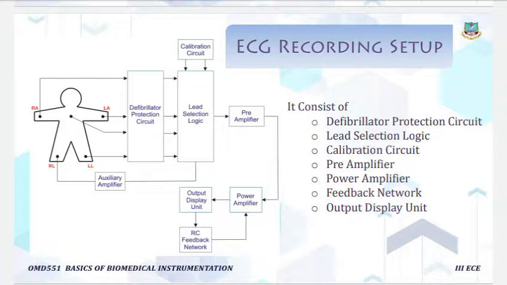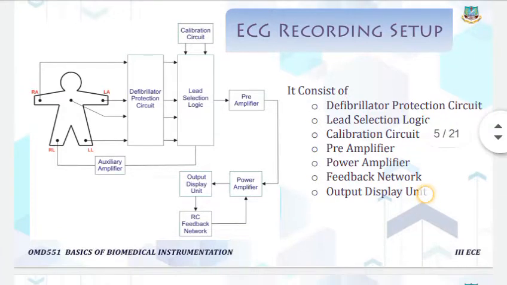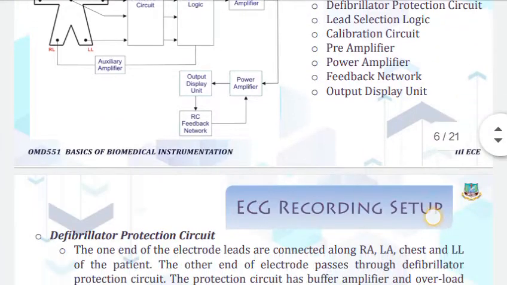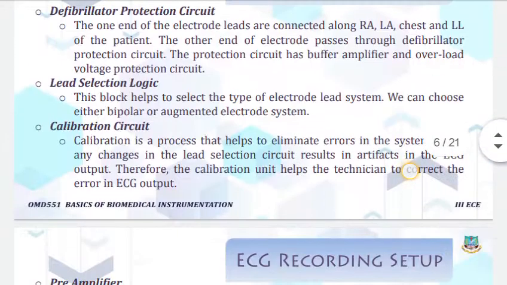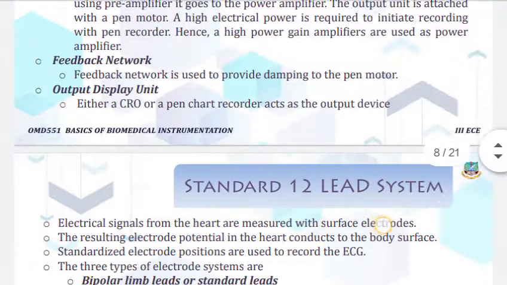Then to the output display unit and the RC feedback network. And what is the auxiliary amplifier? It is a common mode reduction amplifier. That is the reference electrode. The reference electrode is connected to the auxiliary amplifier and then to the lead selection logic. All these come under the ECG recording setup. Hope you all understand this topic.